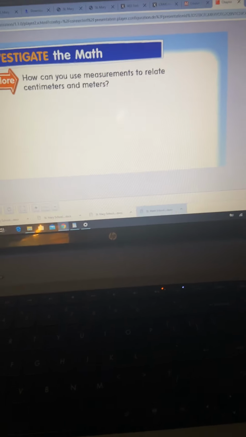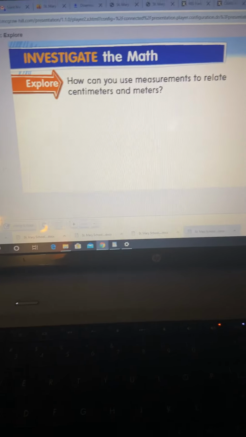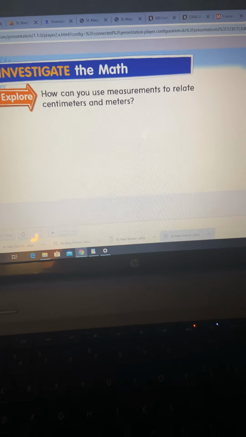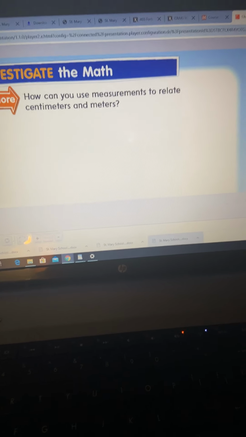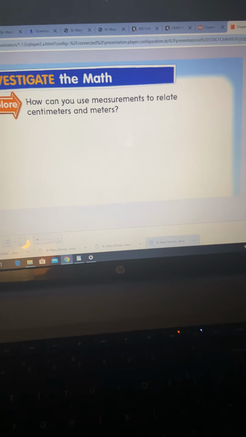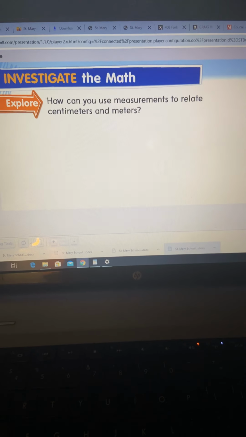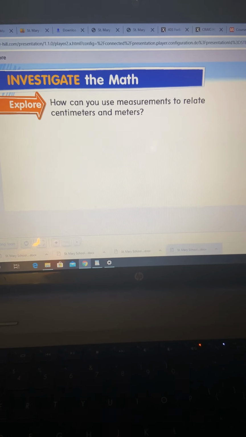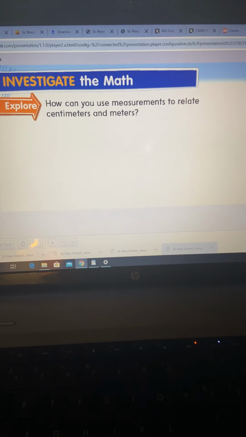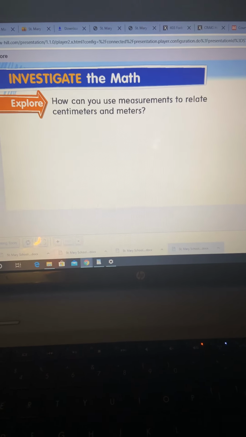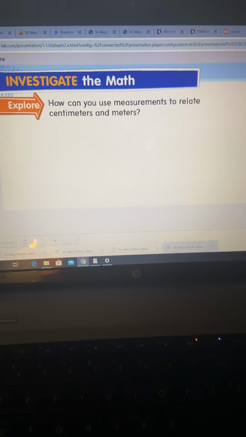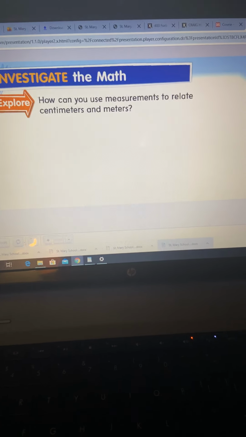And that 100 centimeters is equal to 1 meter. So if I have 100 centimeters, I have 1 meter. If I have 200 centimeters, I have 2 meters. 300 centimeters, 3 meters, and so on. 400 centimeters, 4 meters, okay?